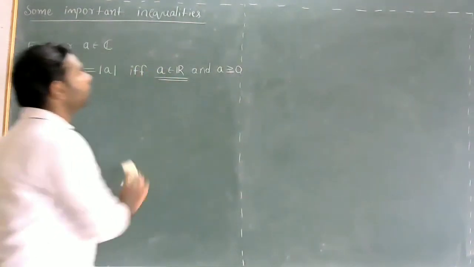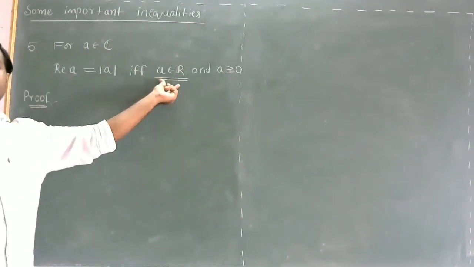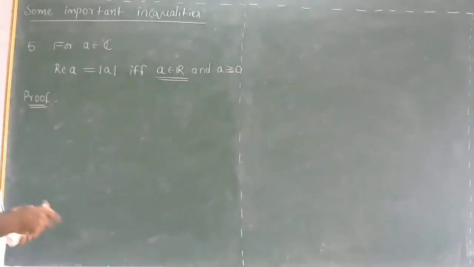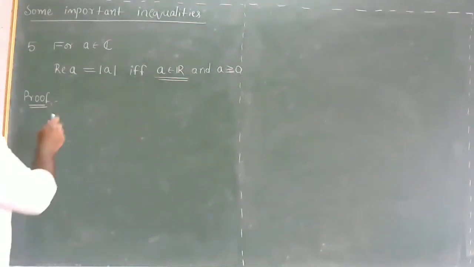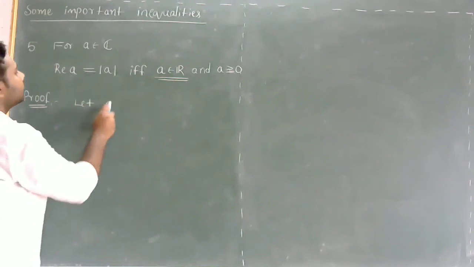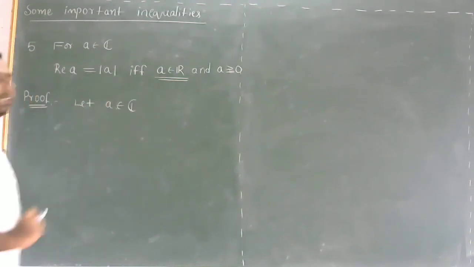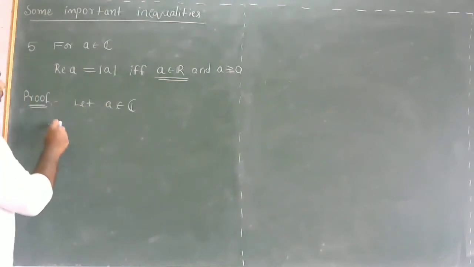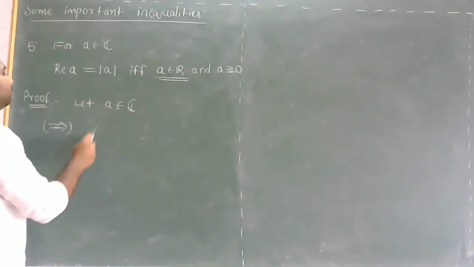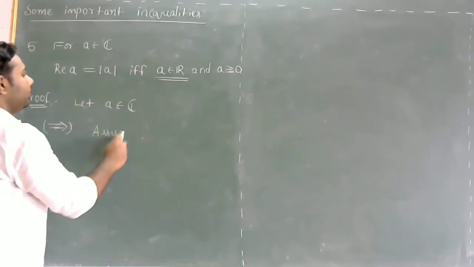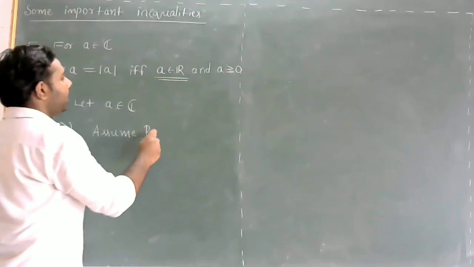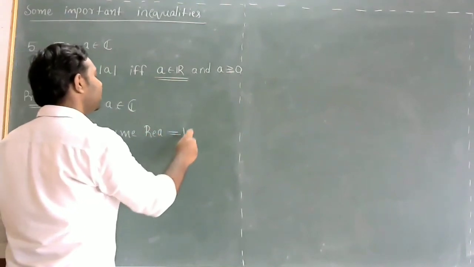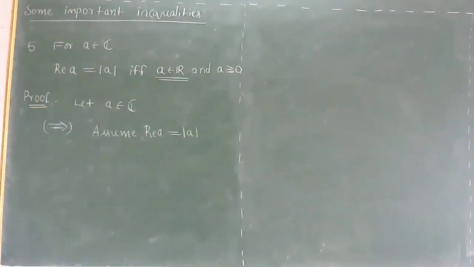Now once again it is an if and only if condition. So the common hypothesis is A is any complex number. So in the direct part, we have to assume the real part of A is modulus of A itself.